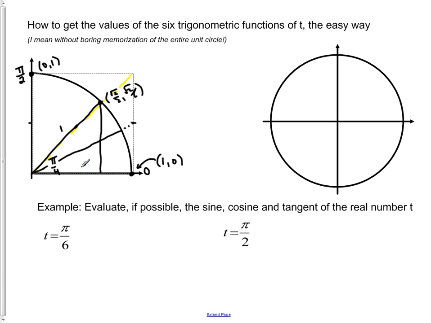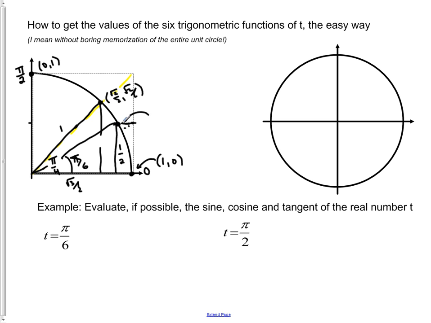Here's 1 half. Let me see if I can make this look a little bit better because I'm a little bit off in my aim. If I take my right triangle to this point right here, I have a side with a length of 1 half and a length of radical 3 over 2 along this adjacent side. That corresponds to my pi over 6 right triangle.